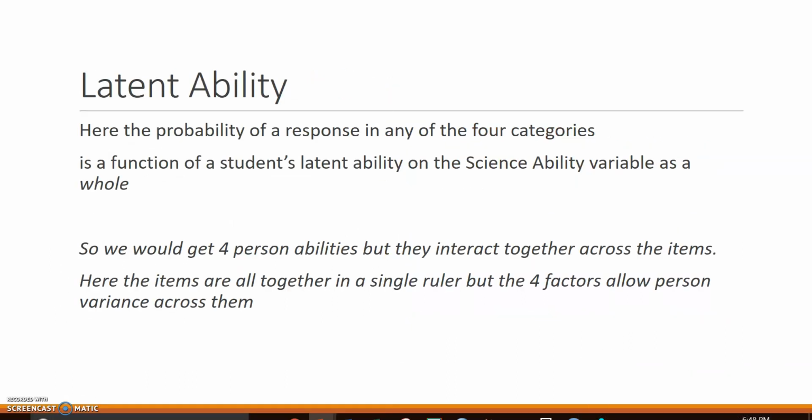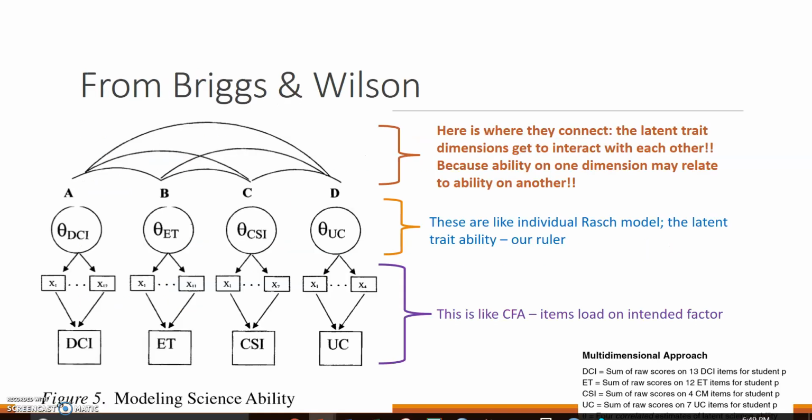And so here when we talk about latent ability, we're talking about the probability of a response in any of the 4 categories based on the last picture. And so it would be a function of a student's latent ability of science ability as a whole. And so what they're doing is they're modeling science ability based on 4 different factors.